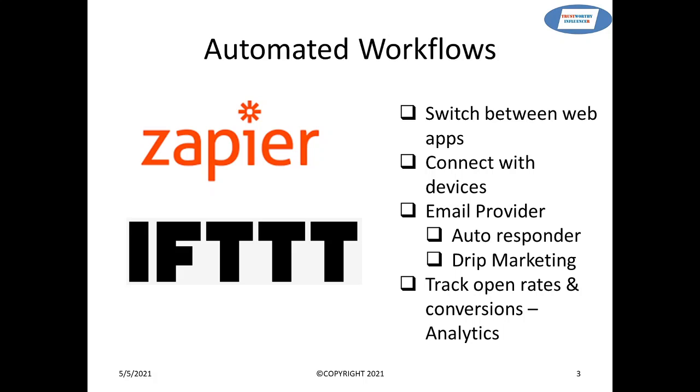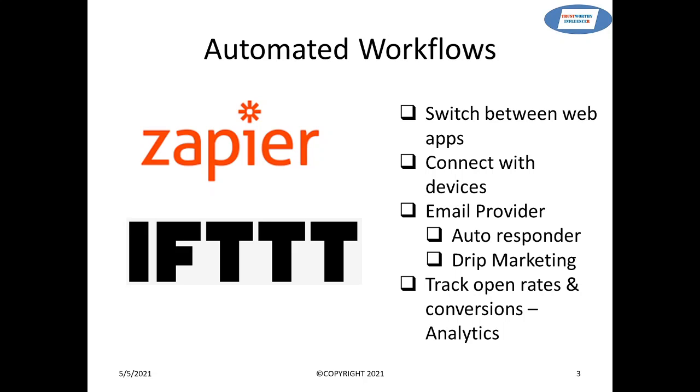First, I'm going to talk about automated workflows. As a social marketer, you would be using multiple applications altogether to derive maximum output for your social media channels and your marketing efforts. You will be talking to web tools, web applications, and devices.